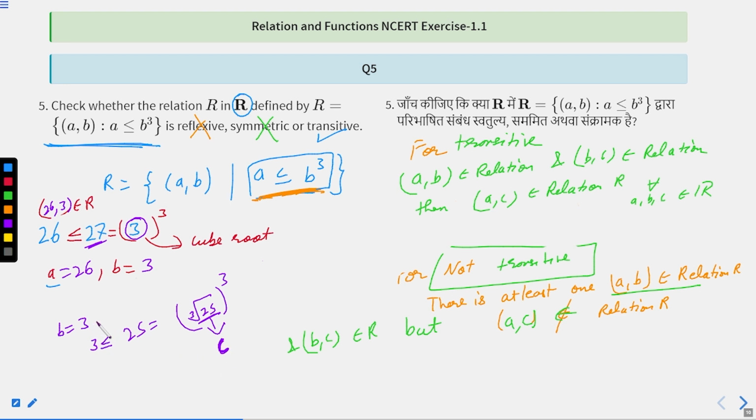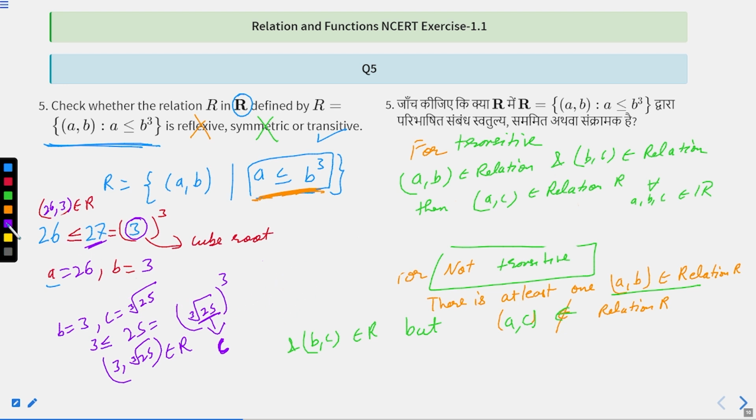So if b is 3 and c is the cube root of 25, then the pair (b, c) belongs to the relation R, because b is less than or equal to c cubed. It is true.